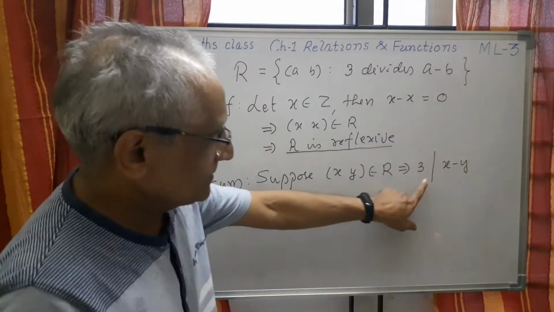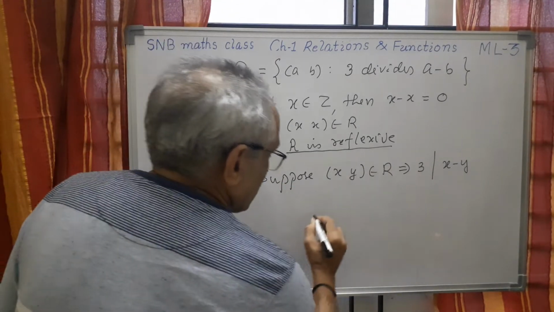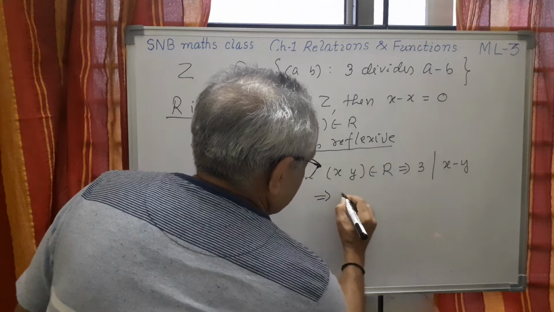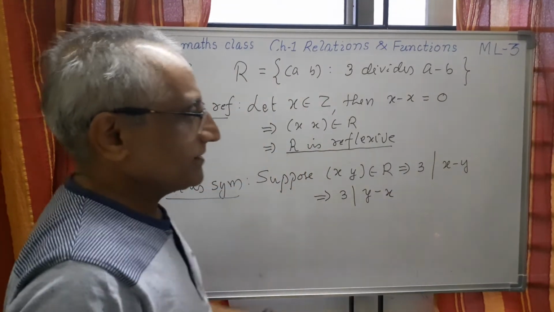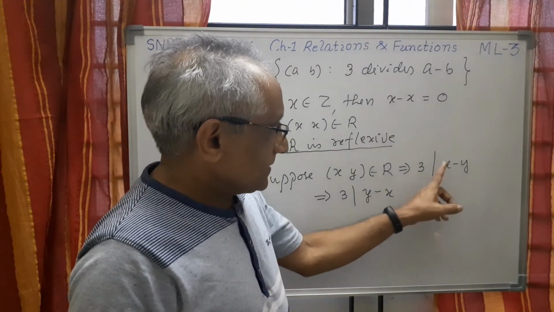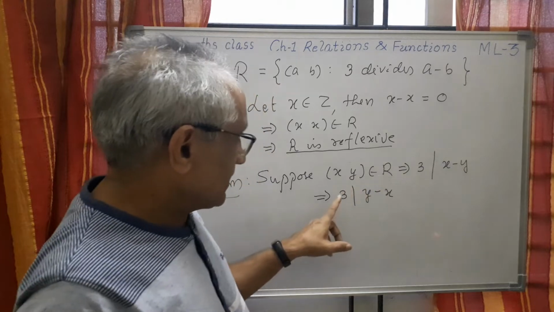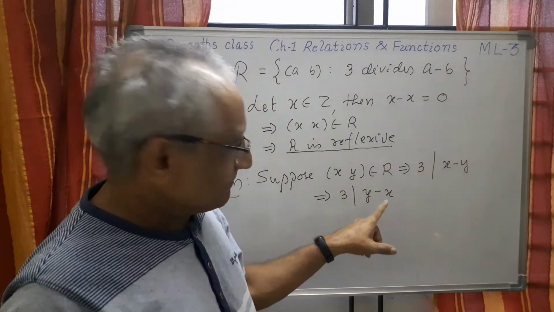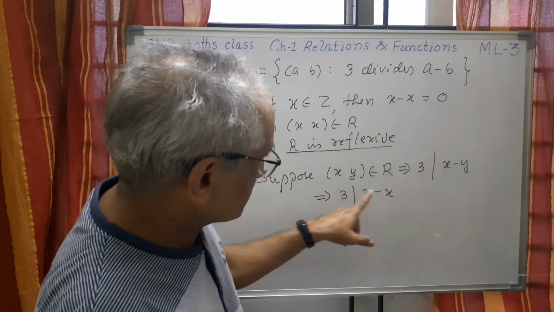So this implies 3 divides y minus x also, because whenever an integer is divisible by 3, its negative is also divisible by 3.